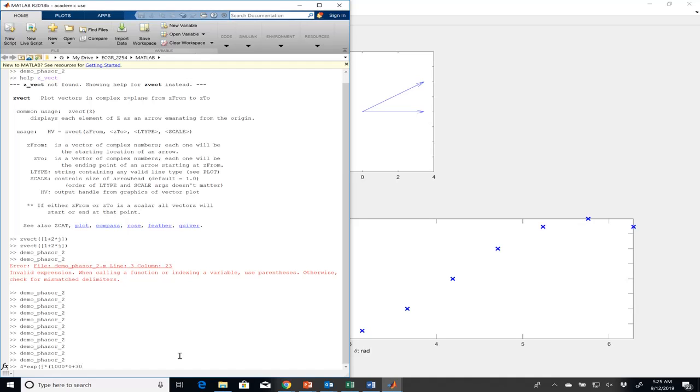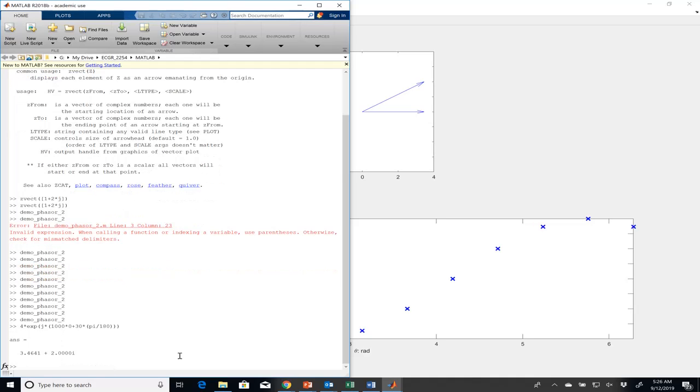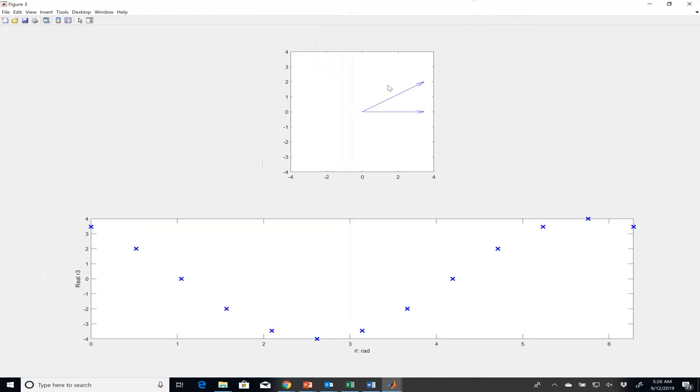The way I write 30 degrees is I say 30, and then I have to convert that to radians, so I say times pi over 180. I get that result, and I see that the real part of that is 3.4641, exactly what I have right there. And I could do that at any one of these different angles if I wanted to.